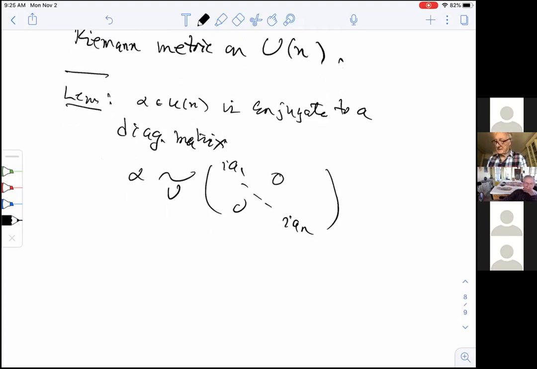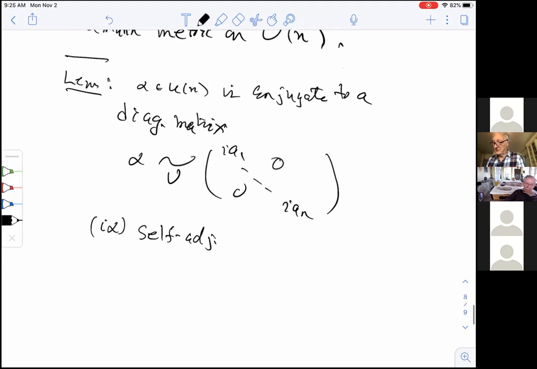And the point is that alpha is skew-Hermitian, so i alpha is a Hermitian, self-adjoint matrix.